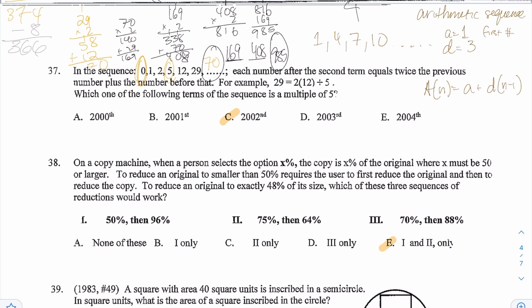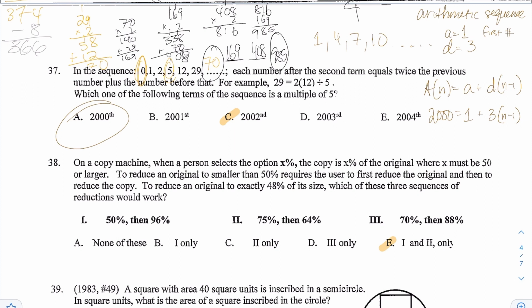So here, you want to know which one of these is a multiple of 5. You can just pick, let's say, 2,000. You want to see if 2,000 is part of the sequence. Like I said, 2,000 equals the first term, which is 1, plus 3 times n minus 1. Or you just have to see that it has to be one more than a multiple of 3.